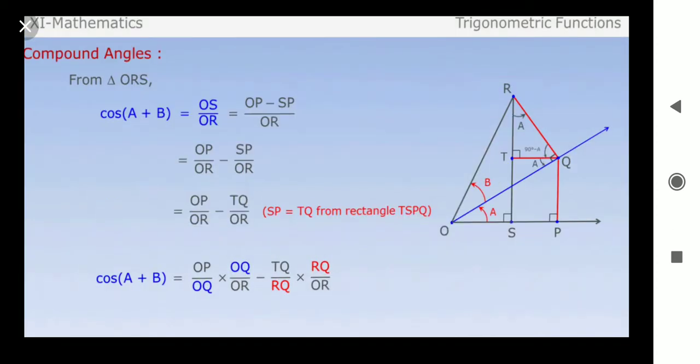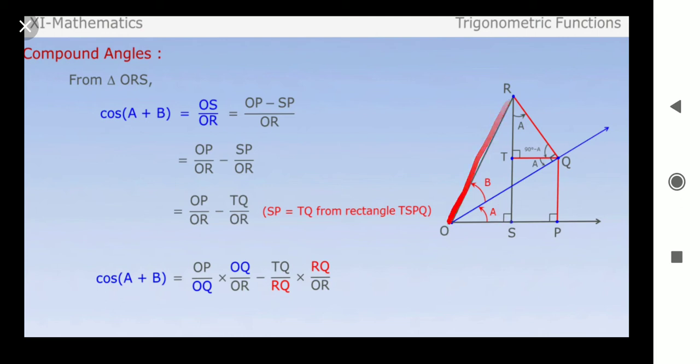Now we will understand cos(A+B). How to find cos(A+B)? In the same way, we see that in the triangle ORS, this is the right angle, so this one is the hypotenuse.